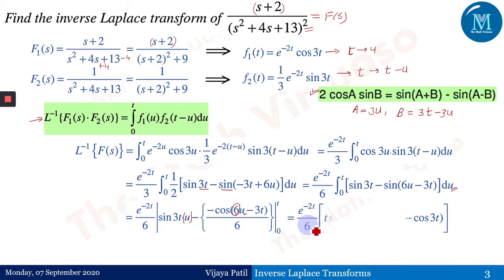The integration is from 0 to t, so the upper limit is t and the lower limit is 0. So replacing every u by t, it's here t times sine of 3t, minus becomes plus here, 1 by 6 times.